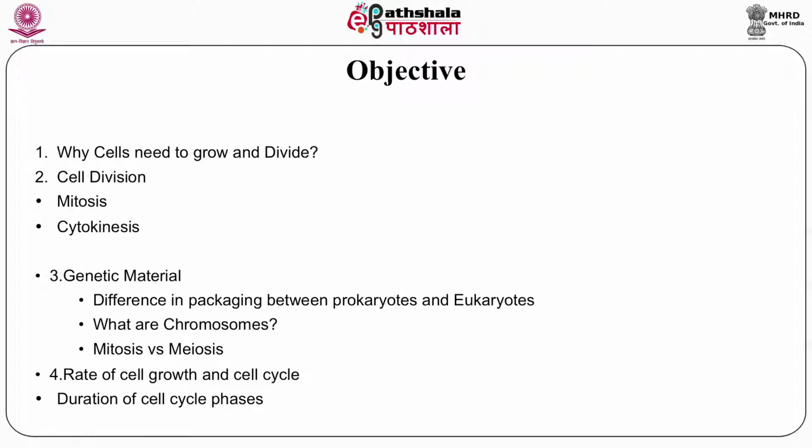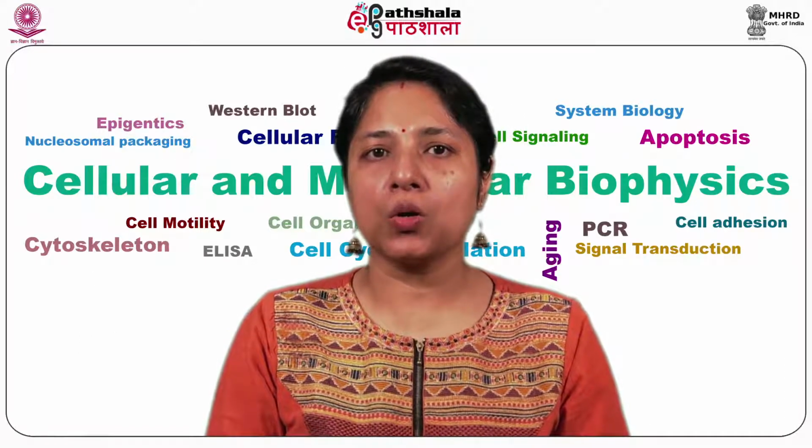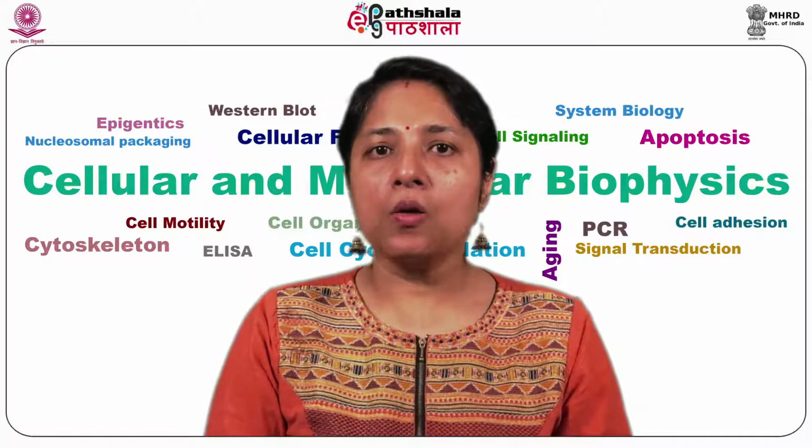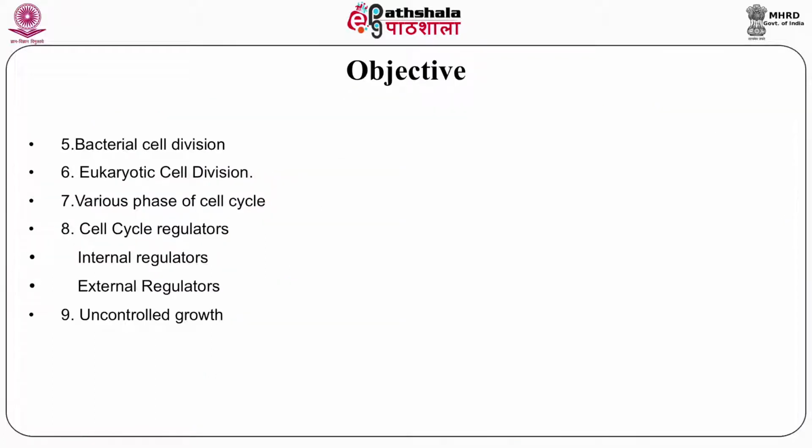Number 3, genetic material: the difference in packaging between eukaryotes and prokaryotes, what chromosomes are, and the difference between mitosis and meiosis. Number 4 deals with the rate of cell growth and cell cycle: how long the cell cycle phases vary. Number 5 is bacterial cell division.